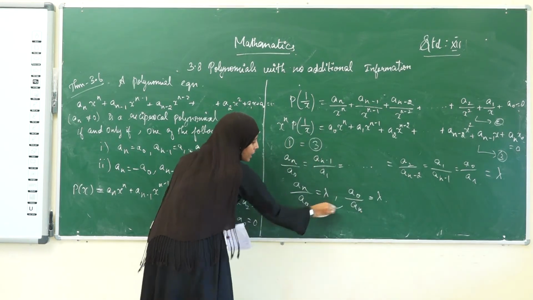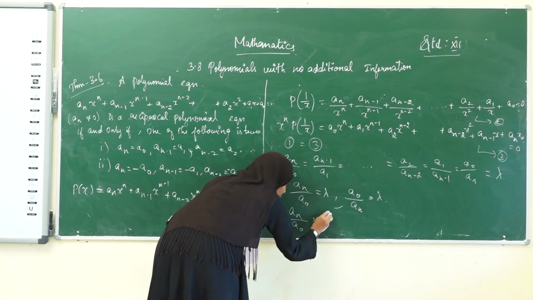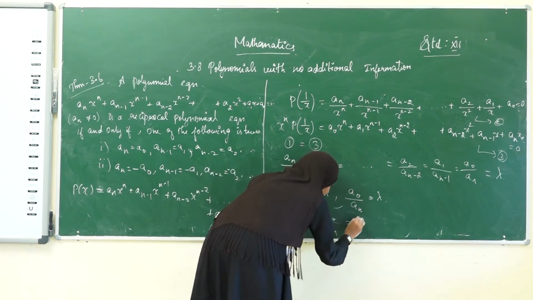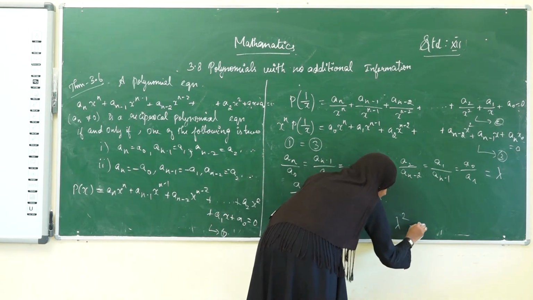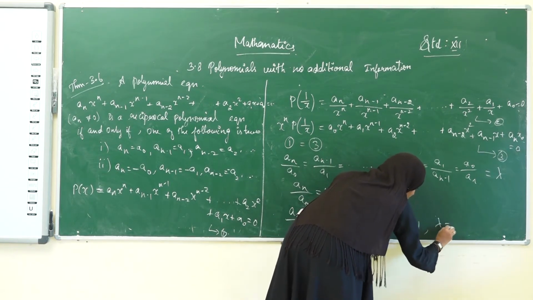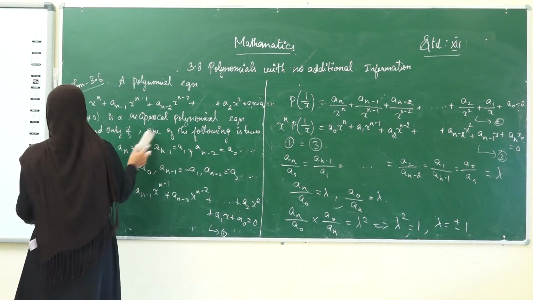On multiplying these two terms, what will we get? a n divided by a naught into a naught divided by a n is equal to lambda square. Therefore, lambda square's value will be 1. From this, lambda's value will be plus or minus 1.